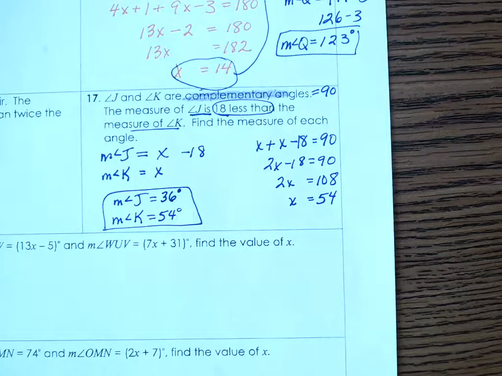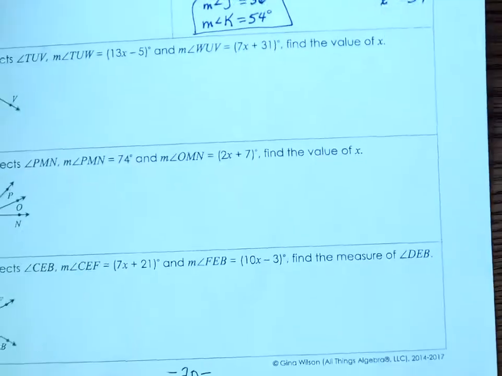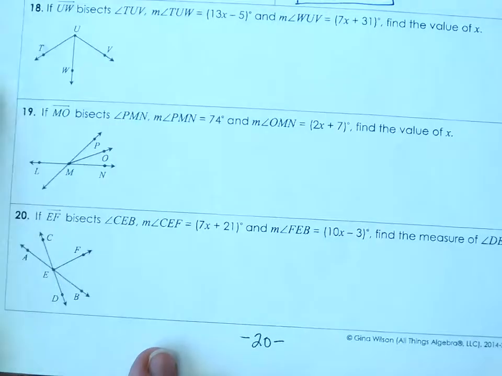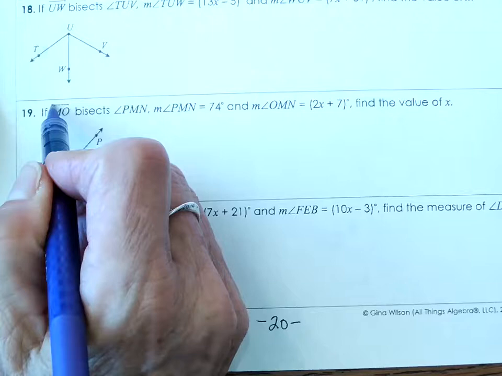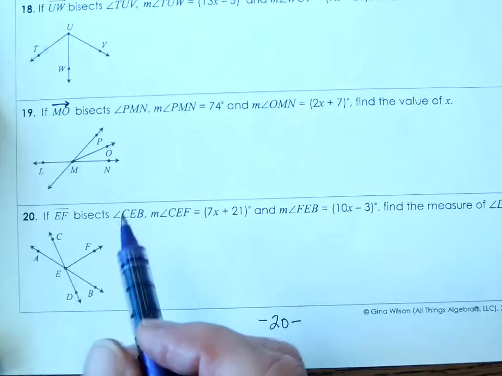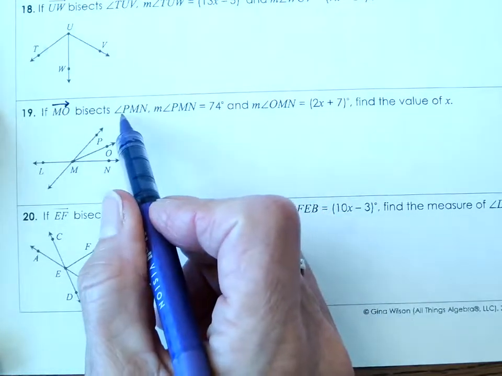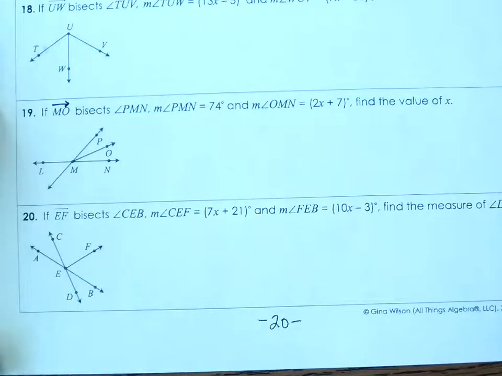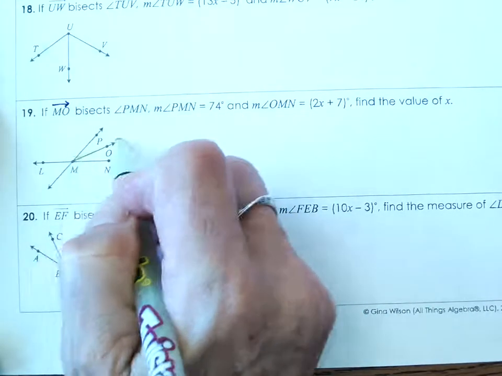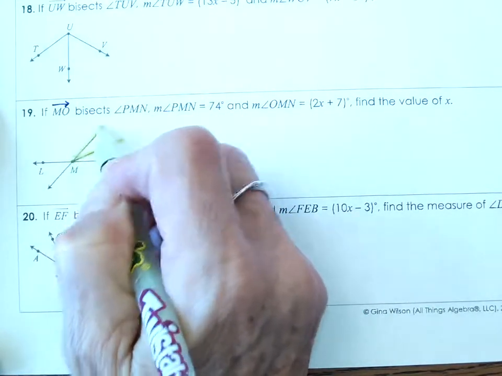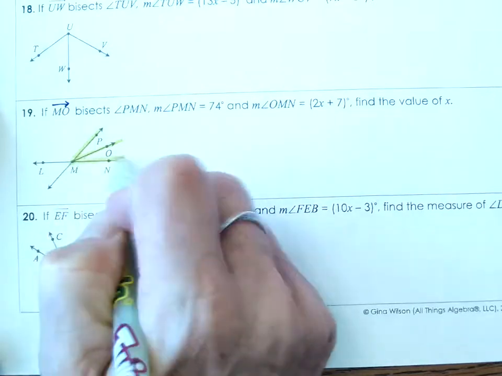And then we're down to number 19. This says if ray MO bisects angle PMN. So here's my ray. There's angle PMN.